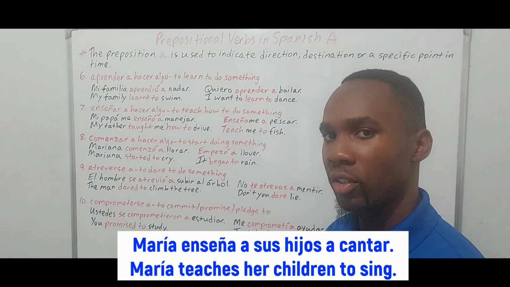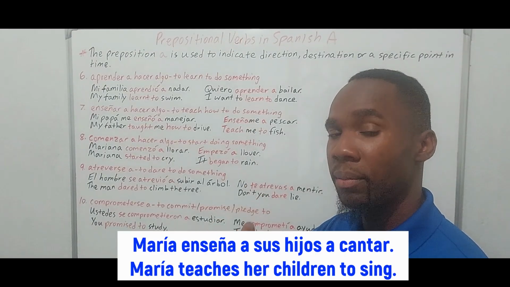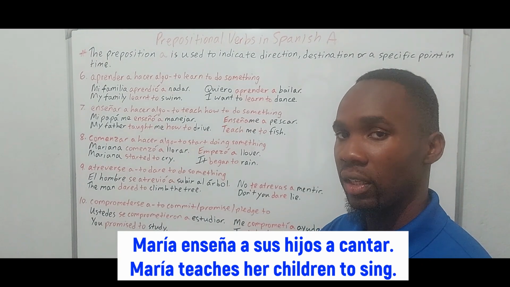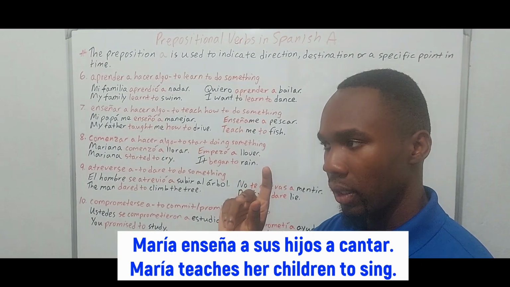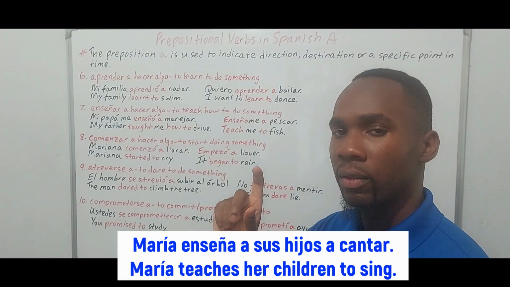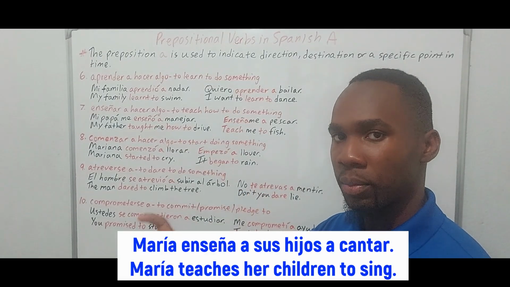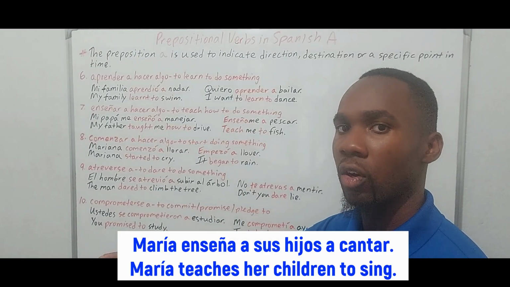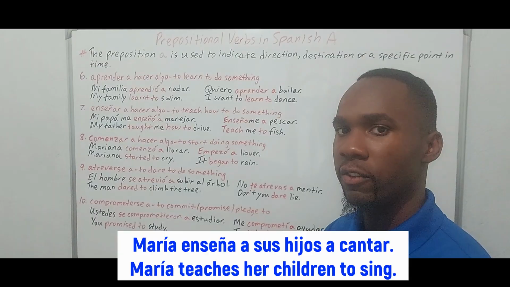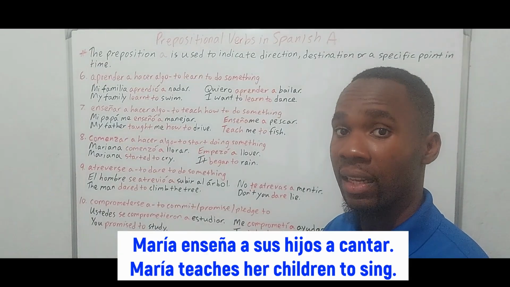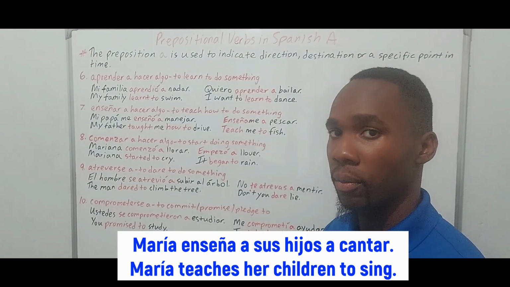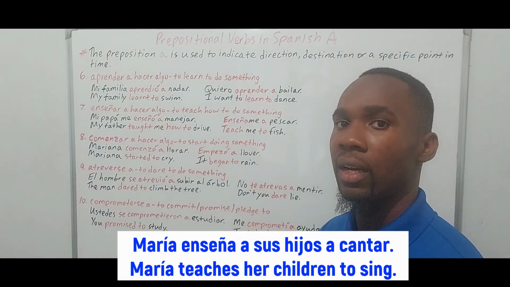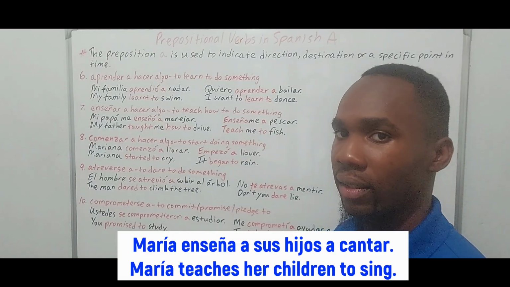So you see, similar to ayudar, we use the a before the object, because that is a person, so that's a personal a, but we also need the a to talk about the activity, in this case, which is cantar. Yeah? So, María enseña a sus hijos a cantar.